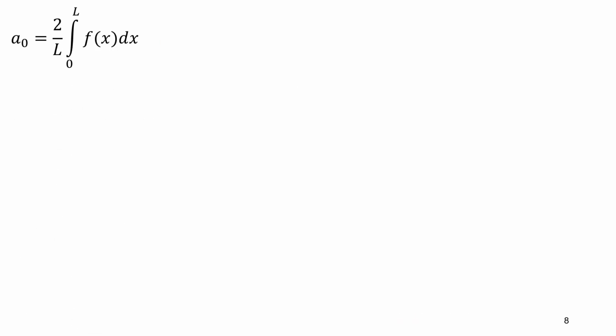Now here a0 is 2/l integration of f(x) dx from 0 to l. We are given f(x) and the interval, so first we will find the value of l. As we know, the standard interval is 0 <= x <= l.